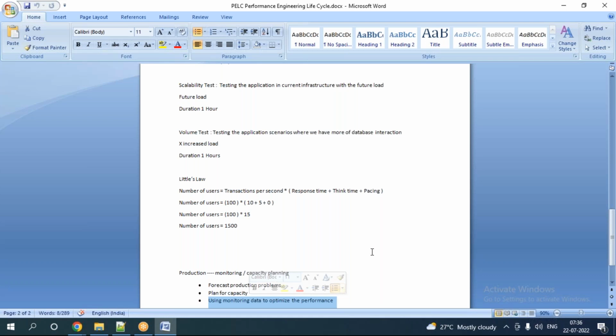Optimization comes into the picture. Okay, so all these are actually happening in the performance engineering life cycle activity, because right from requirement gathering till your production deployment, there are things you have to perform, because you should know the basic activities of a performance engineer.